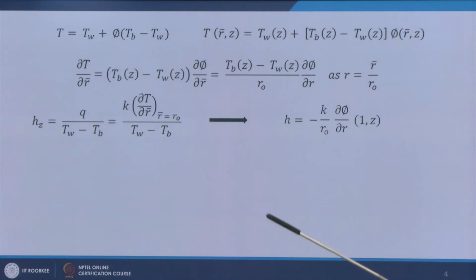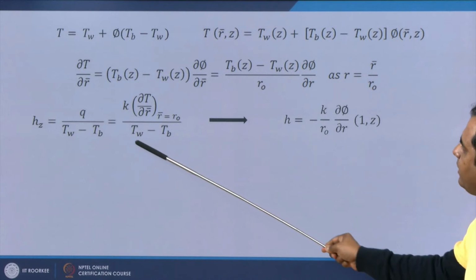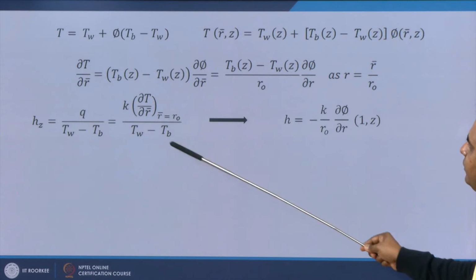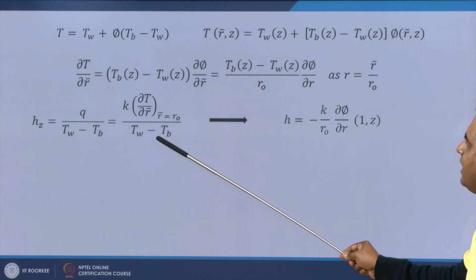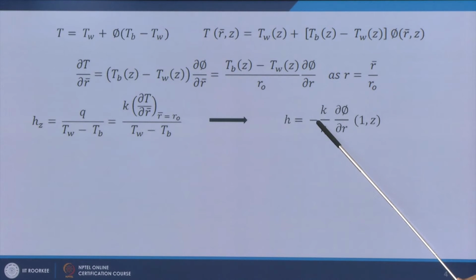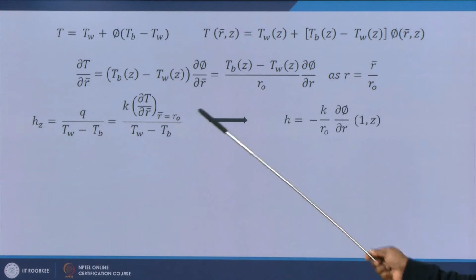So here we already have T_w minus T_b, and here T_w minus T_b will cancel out with a minus sign. So this minus sign, then k by r naught del phi by del r at (1, z), this 1 is nothing but r equals r naught. r equals r naught means r bar equals r naught means r equals 1.